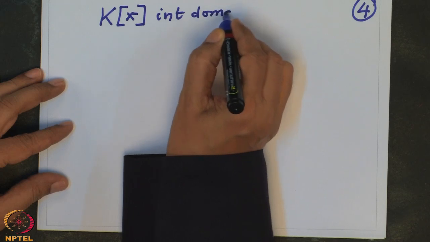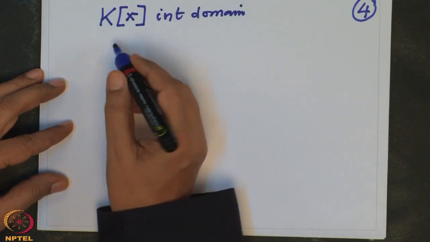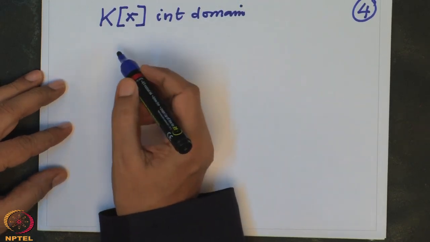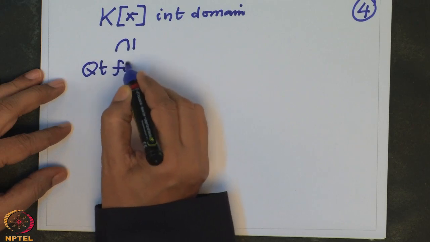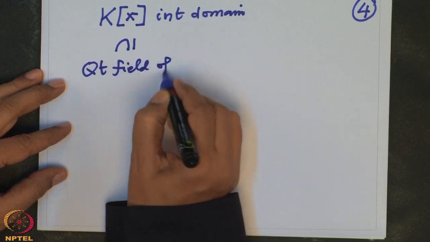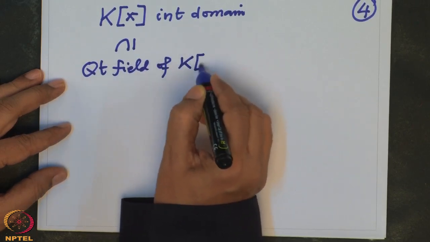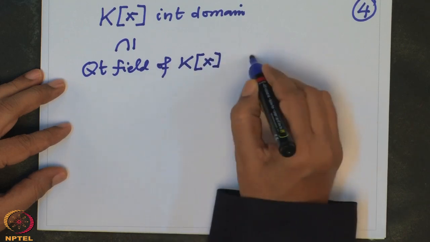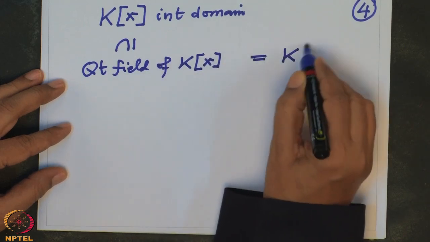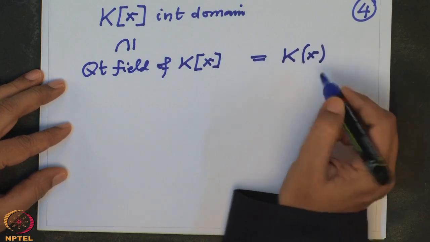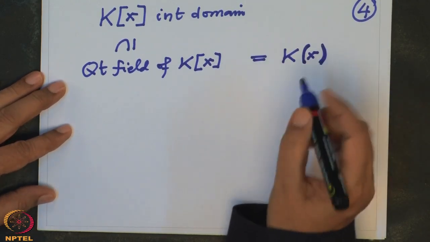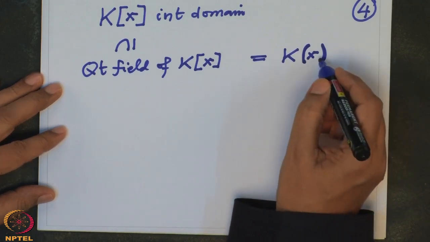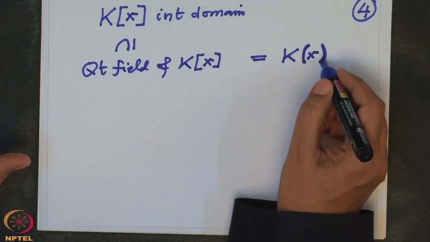Let us consider this case. In that case, I can talk about its quotient field. So, the quotient field of this integral domain is usually denoted by K round bracket x. That means what? And why do I denote it by this notation? This means they are rational functions in x, but they should make sense.